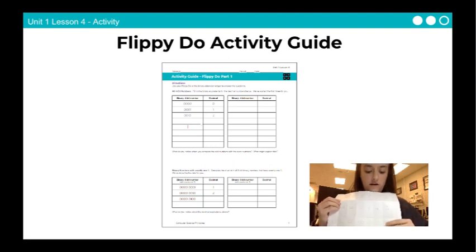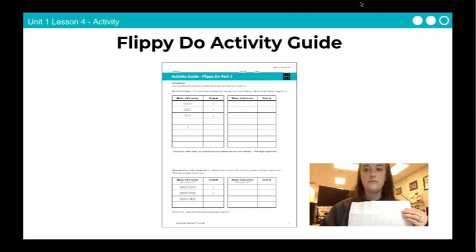We're turning that off and turning on the third one, 2 to the second power. What does that equal? We're going to continue with this pattern, okay? And we're putting what their decimal number is. All right, so pause the video here and complete this part of the worksheet. And if you have any questions, send me an email.